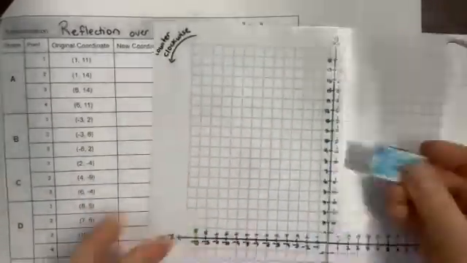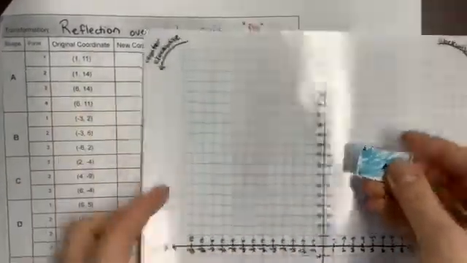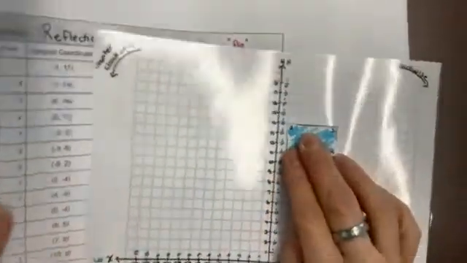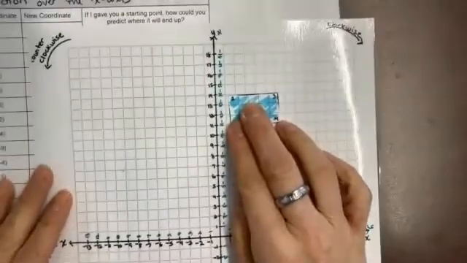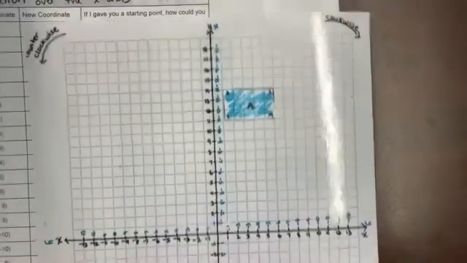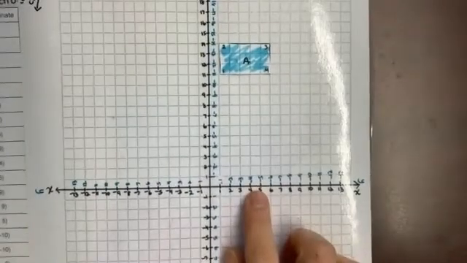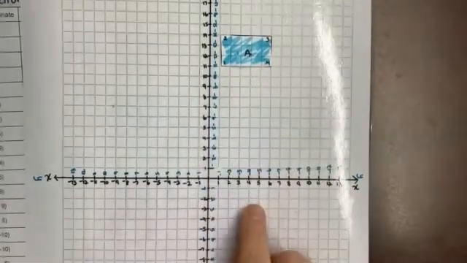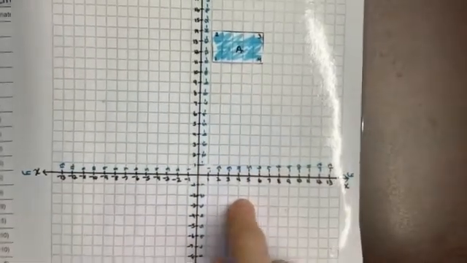So I am going to go ahead and place shape A at its usual spot, 1, 11. Now, if I'm reflecting over the x-axis, it means that the x-axis acts like a mirror, and shape A is going to see itself in that mirror.